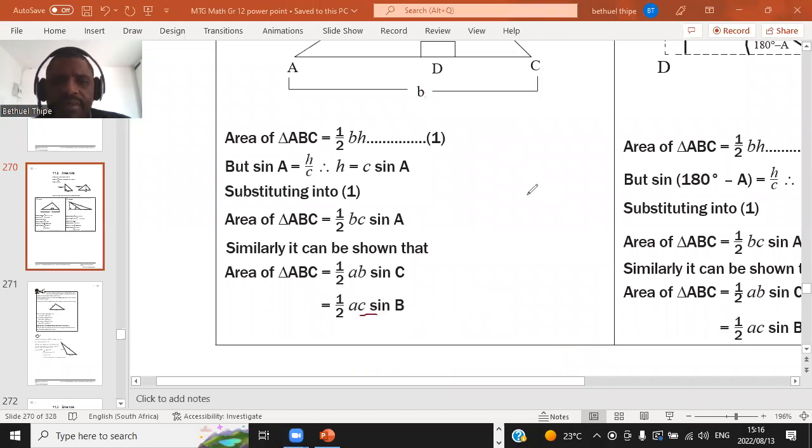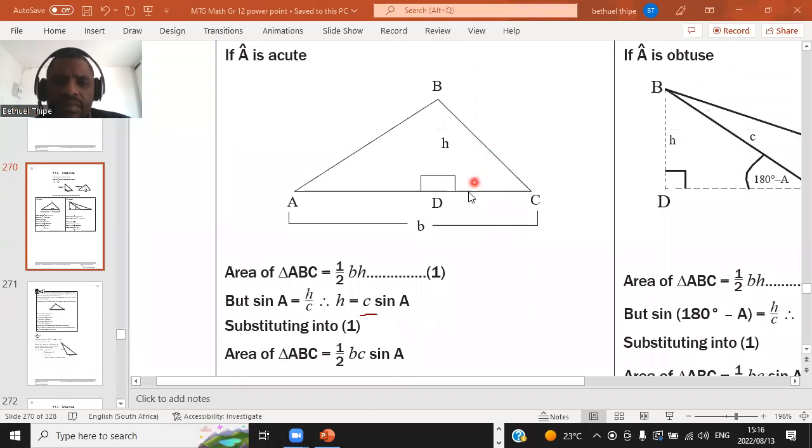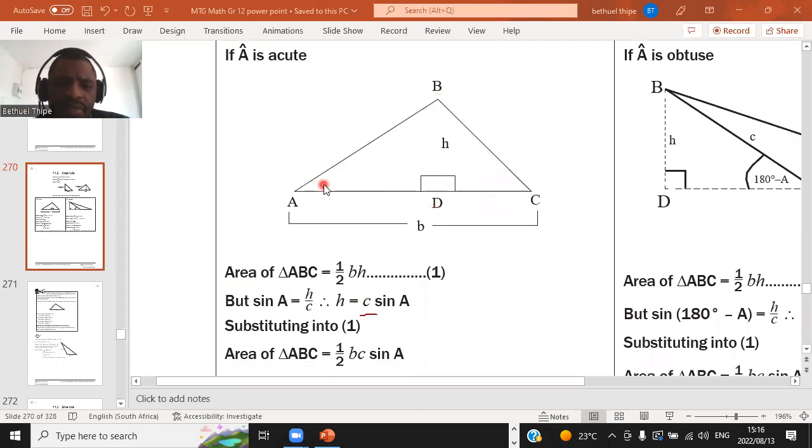The formula is easy, no? So let's recap. Just observe what we've done. On this triangle, we constructed the height and named it H. From there, we applied the definition of sine.